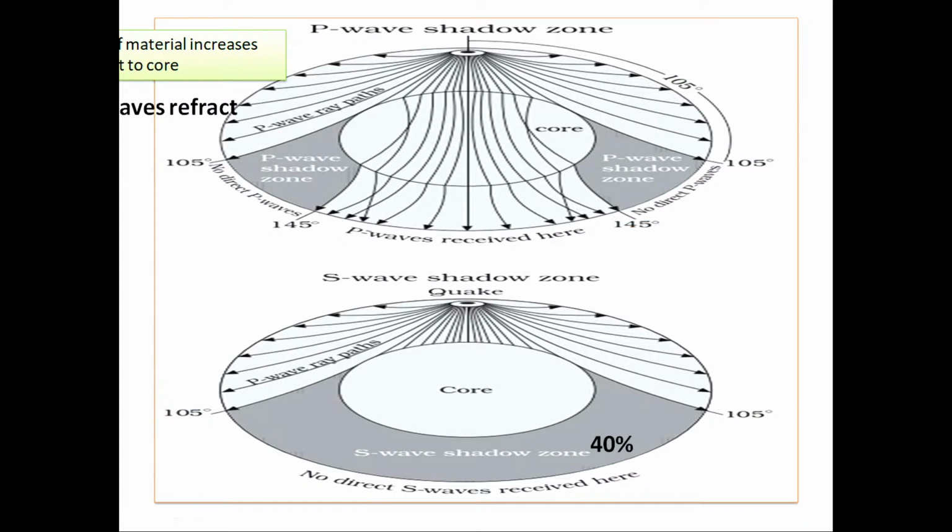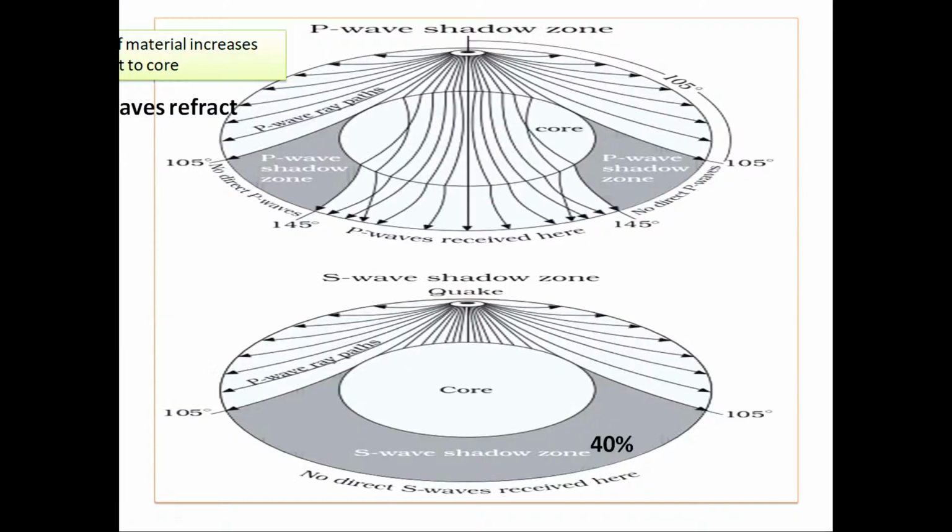And why does this happen? Not because the earth is in some other state, because P waves can travel in every medium. Because they can travel in every medium, we need to understand that there might be a change in the medium, and only because of that refraction will take place.